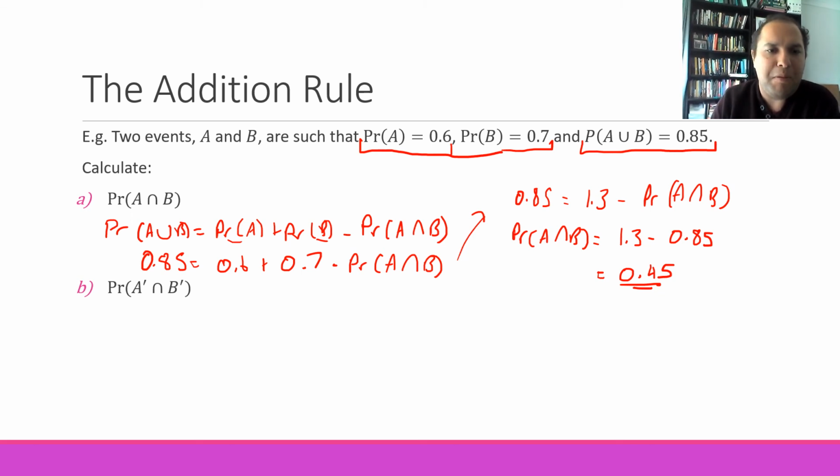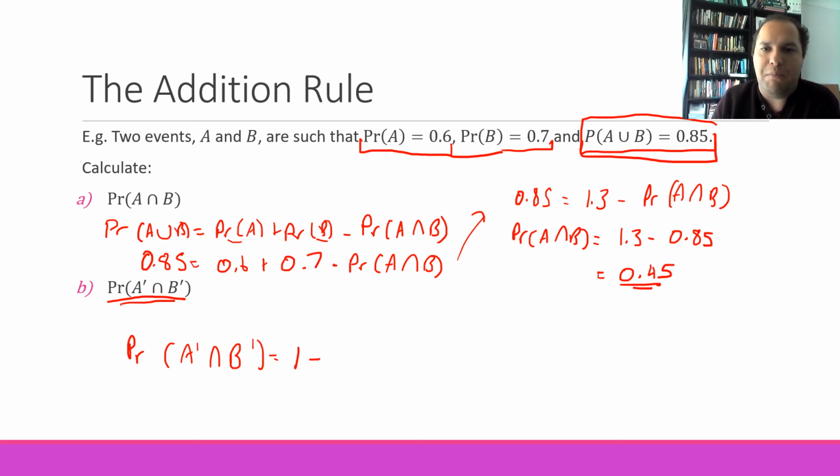Alright, now the probability of not A happening or B happening. Well, funnily enough, this one here is actually just going to be the complement of our union. So if the probability of A or B happening is 0.85, then the probability of A not happening and B not happening will just be the complement of what we've got up here.